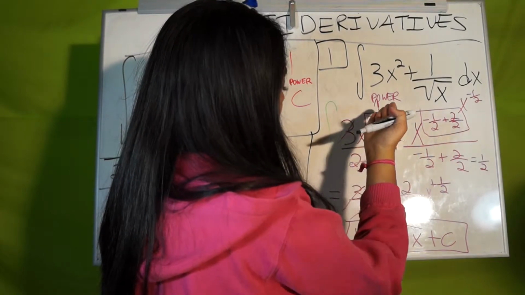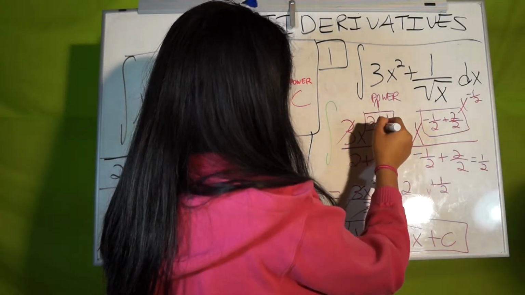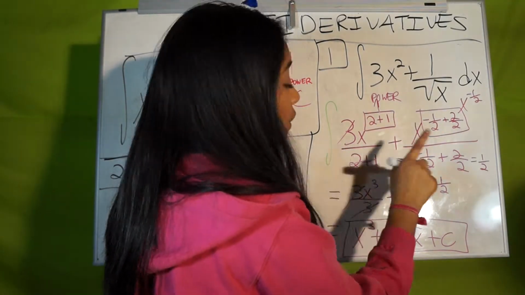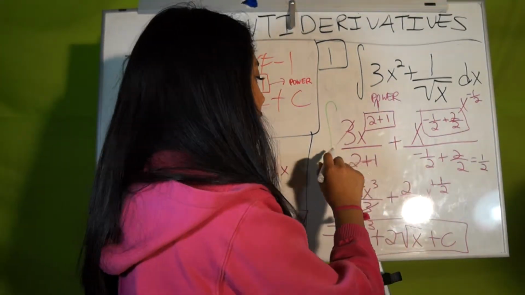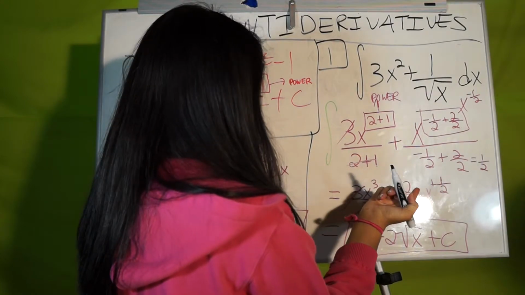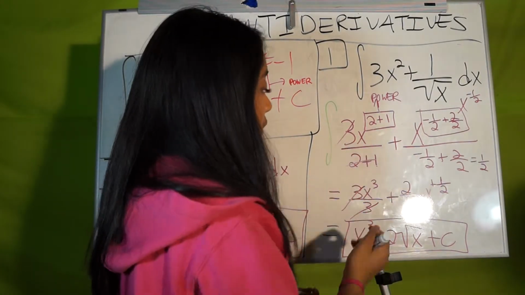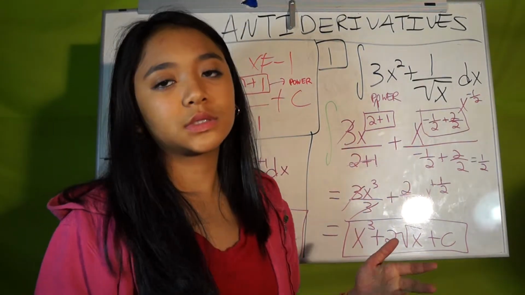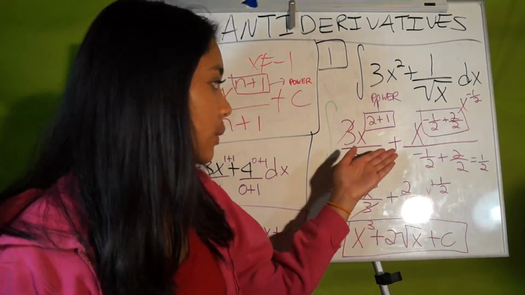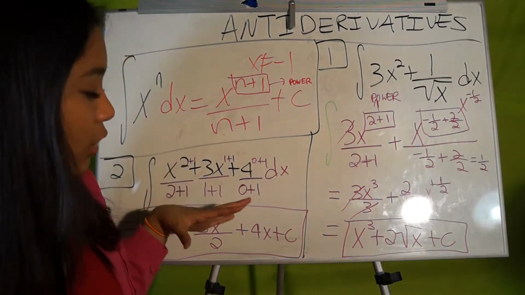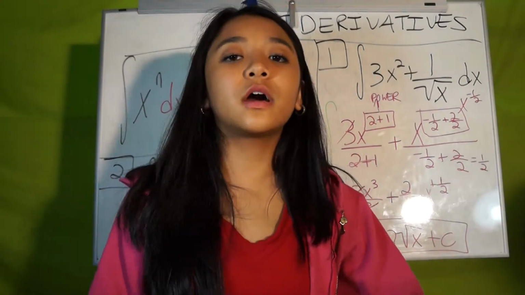When we integrated it, we added 1 to its power, and also we divided by the new power, so we divided it by m plus 1, or in this case 2 plus 1. It's the rule, it's the formula. I didn't make it, someone made it. And that's what we did here, and you should do the same for any other basic integral.